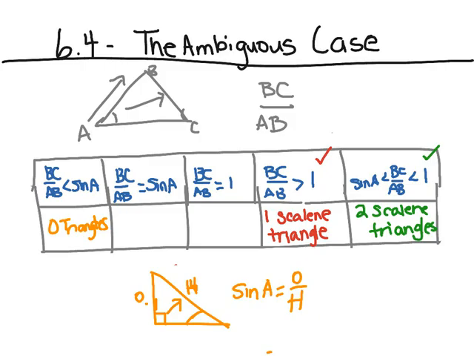So we know that when they're equal to each other, this is a right triangle. So you have one right triangle.